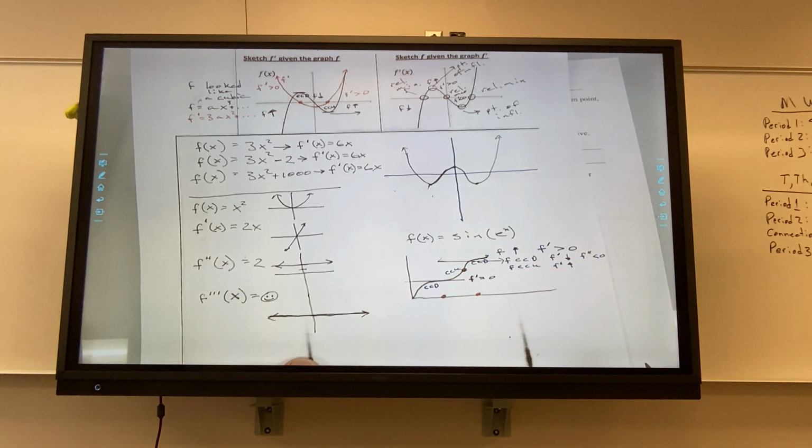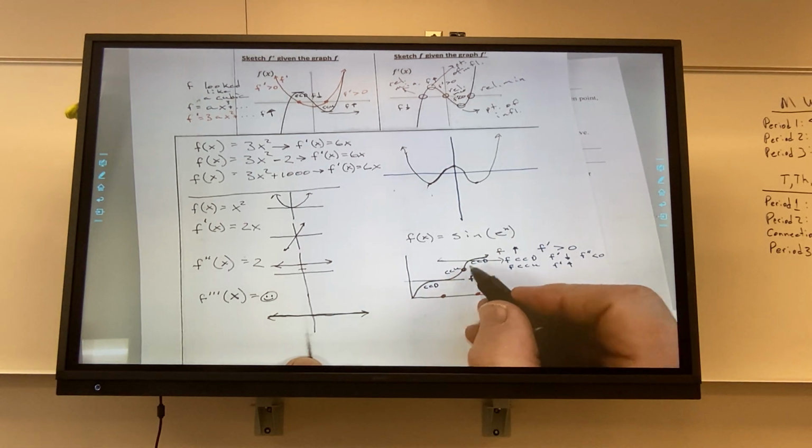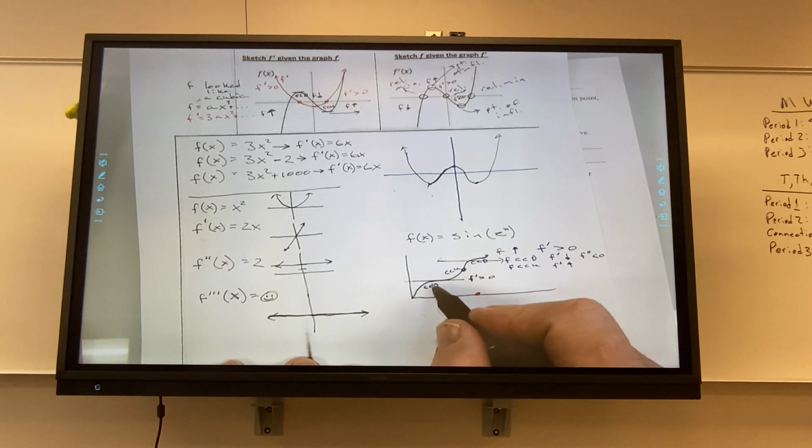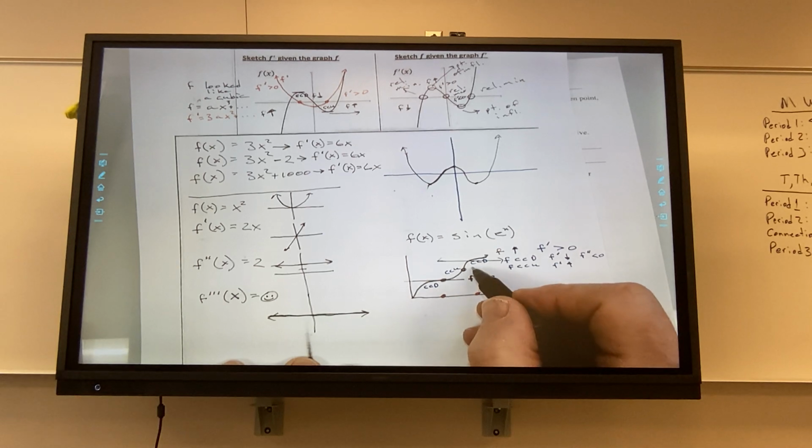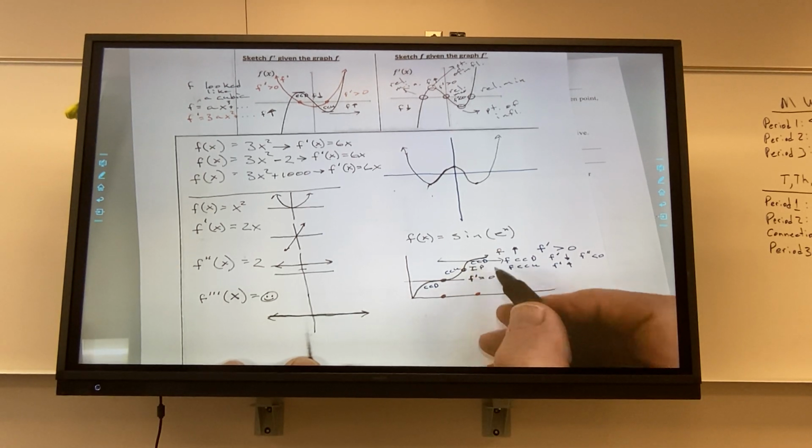So what does that got to be right there? It goes from concave up to concave down. What's that got to be? It's got to be an inflection point, correct? Right here, it goes from concave down to concave up. Would you agree? So right here, I gotta have an inflection point. I'm gonna call it IP. Are you okay with that, Audrey?